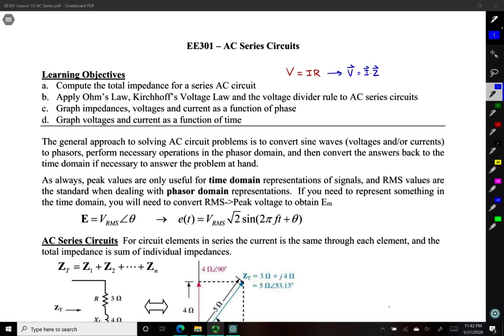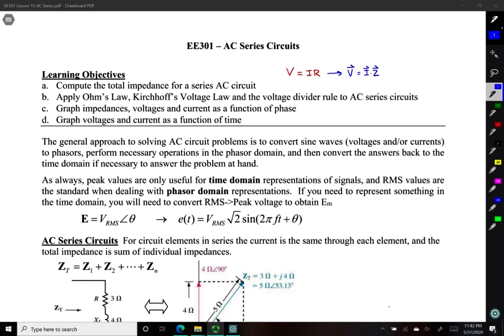So depending on how the problem is presented to us, we may be given a time domain problem where we have sine waves, where we need to convert to the phasor domain and then get our answer back into the time domain. However, there are other times when we will just be given the phasor quantities from the get-go, and we will just solve our problem completely within the phasor domain.